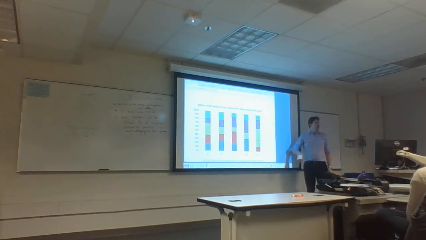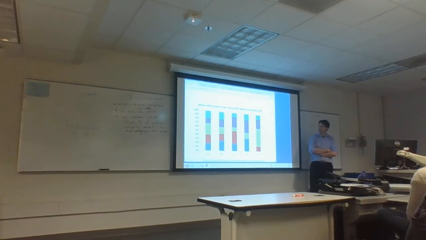Which class do you think did the worst? Macro 1 p.m. Why? Well, it certainly has the most F's. And most of the F's went to that. That's true.